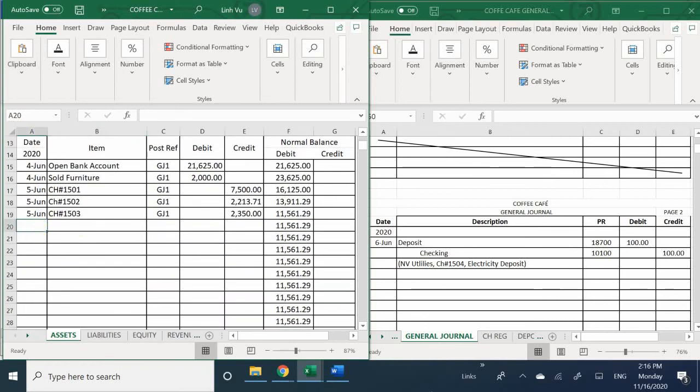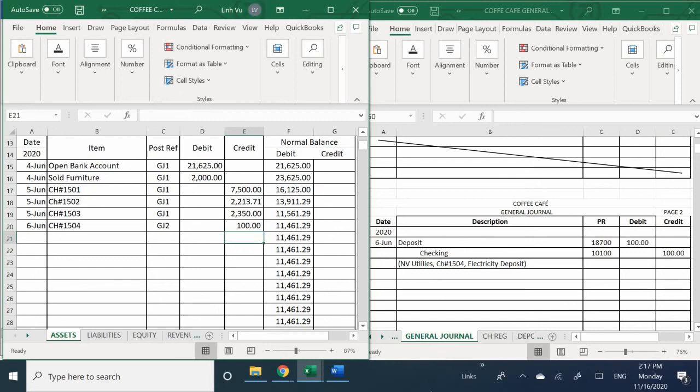For June 6th, I wrote check number 1504, general journal number 2, for $100. So my new balance is $11,461.29. Good.